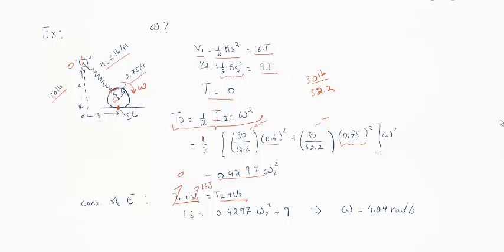We know T2 is 0.4297 omega 2 squared, and we know V2 to be 9 joules. So we plug the values in. We have 16 equals 0.4297 omega 2 squared, this is the value that we want, plus 9. Solving this equation, we get omega to be 4.04 radians per second.